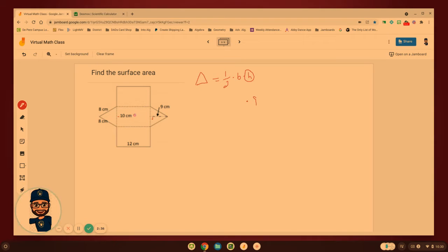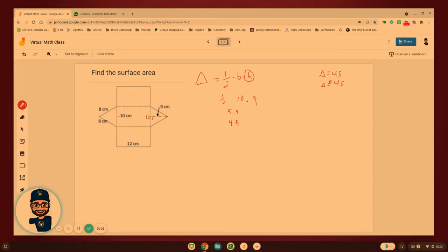That's a rectangle, so this side is 10. So 1/2 times 10 times 9. 1/2 times 10 is 5. 5 times 9 is 45. So triangle 1 equals 45. Triangle 2 equals 45. And that's the nice part about these bases, that they're both the same.